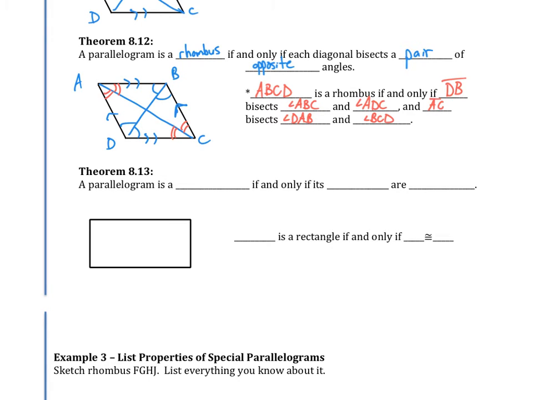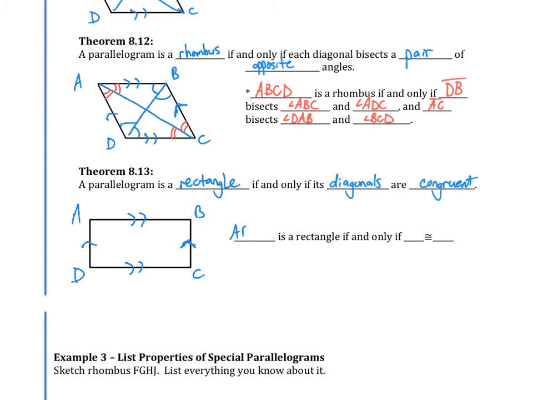And theorem 8.13 says a parallelogram is a rectangle if and only if its diagonals are congruent. So we have A, B, C, D. And it is a parallelogram, so the opposite sides must be parallel.